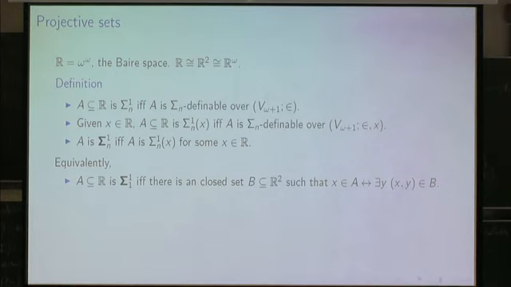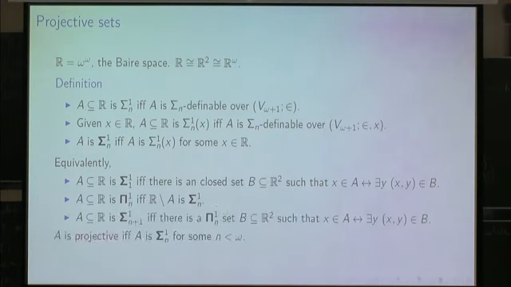So I use Σ¹₁ if there is a closed two-dimensional set whose projection to one dimension is the set. Π¹ₙ means the complement is Σ¹ₙ, and Σ¹ₙ₊₁ is the projection of the one level below.